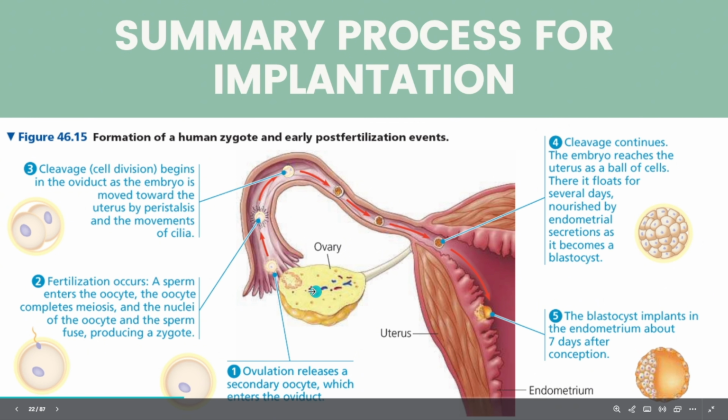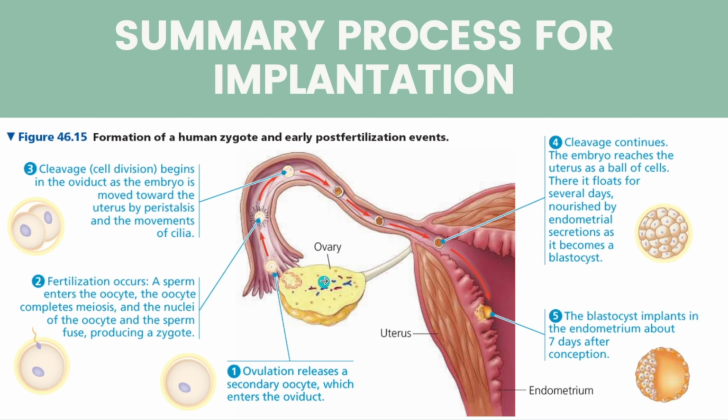Implantation means that you can see the ovary starts to release the secondary oocyte, which goes through the fallopian tube, and here is the place where fertilization occurs. If a sperm swims until here, then fertilization occurs. It will complete the meiosis 2 process to produce the zygote.